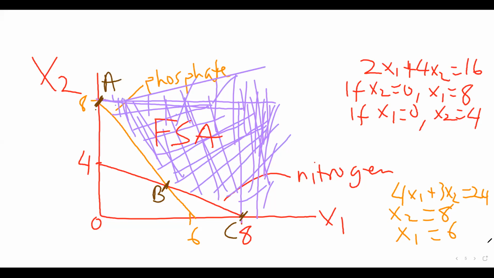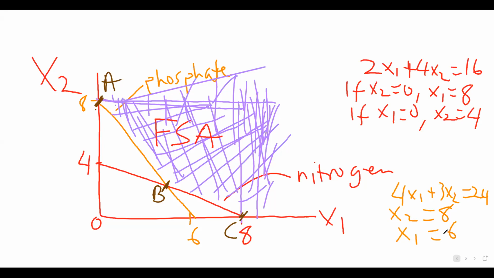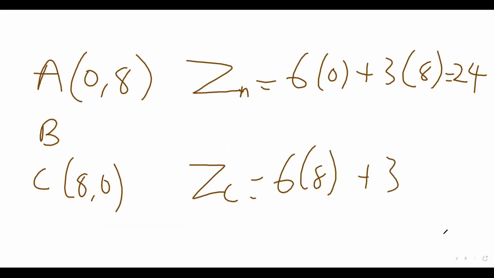Let's go to point C. At point C, the coordinates are 8 and 0. So the z value at point C is going to be 6 into bracket 8, plus 3 into bracket 0.